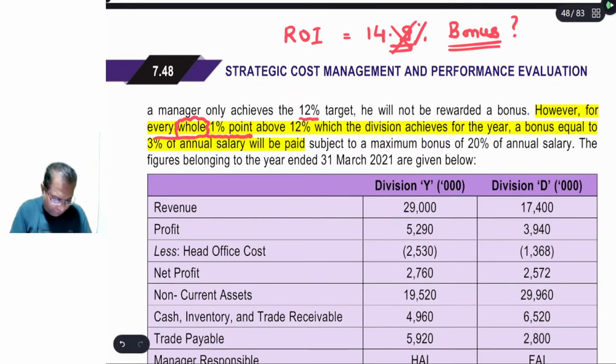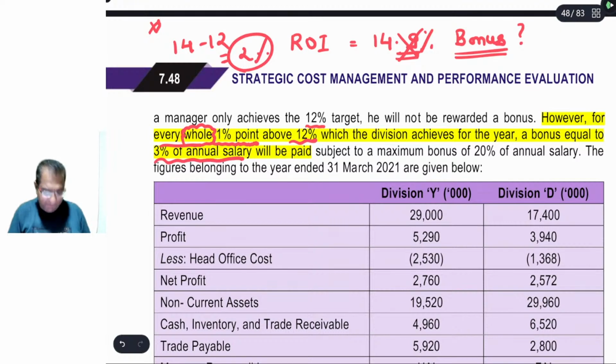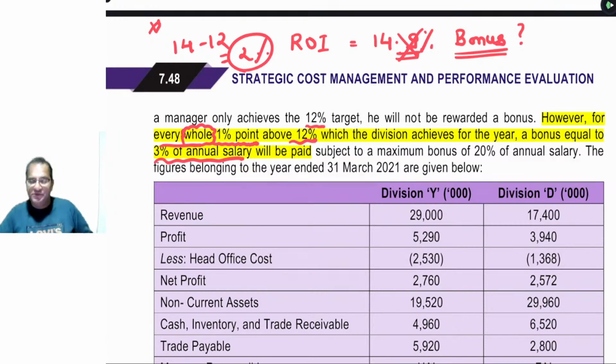12% से ज्यादा, तो 14 minus 12, 2%. For every 1% above 12%, they will be paid 3% of annual salary. 12% से ज्यादा जितने भी परसेंटेज होंगे, कंप्लीट परसेंटेज, हर एक परसेंट के लिए 3% एनुअल सैलरी का बोनस मिलेगा.